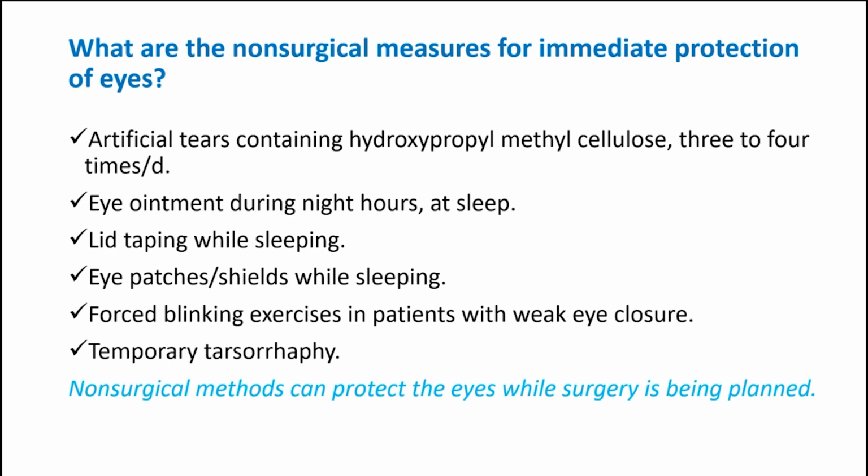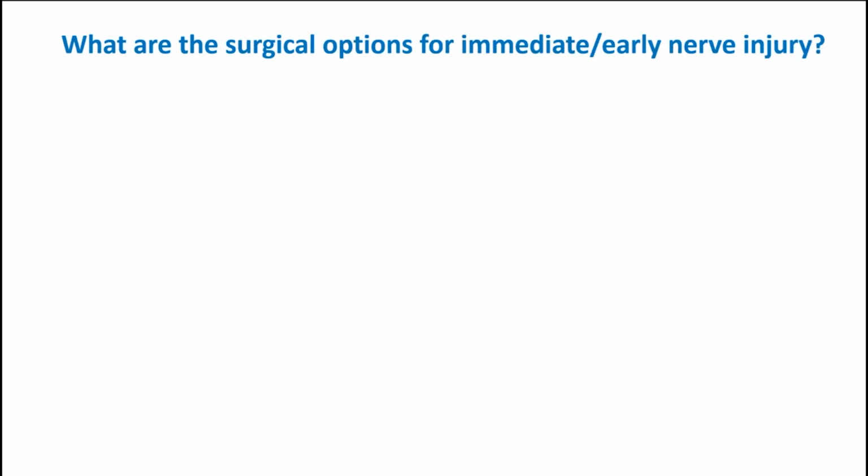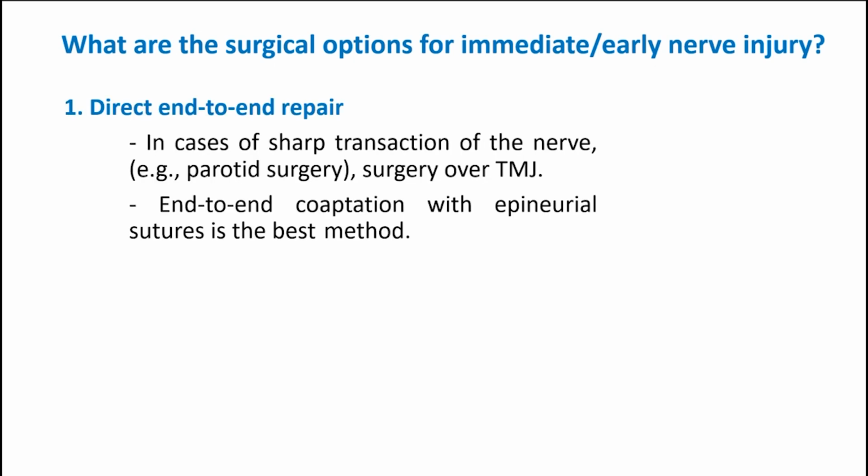So the question comes, what are the options for surgery, especially in cases of immediate and early nerve injury? The first option will be, if possible, direct end-to-end repair of the damaged nerve, especially in cases of parotid surgery or surgery over the temporomandibular joint.